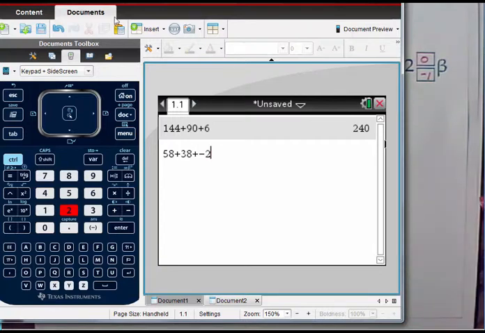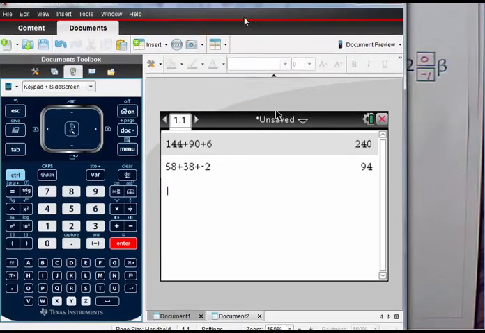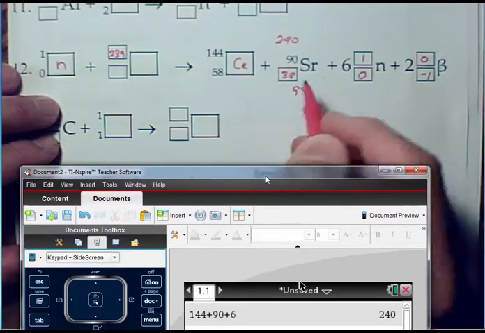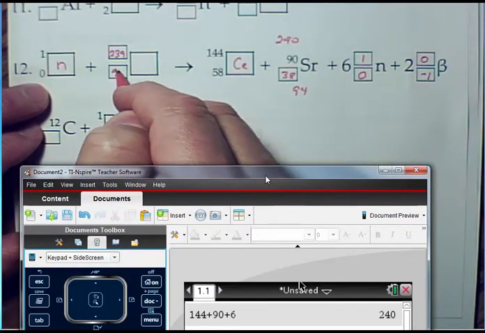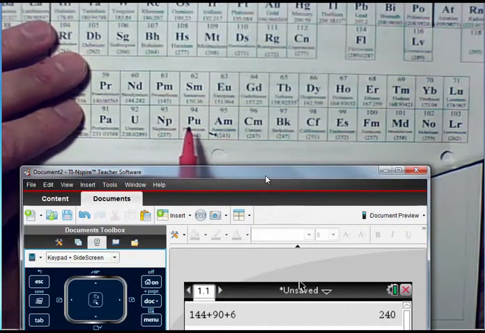I got to use a negative symbol and not the minus button here. There's a change of sign button there. And we're going to get a 94. So our atomic number on the right-hand side is a total of 94. This is 0, so what number needs to go there? 94. And what element has an atomic number of 94? The stinky element.